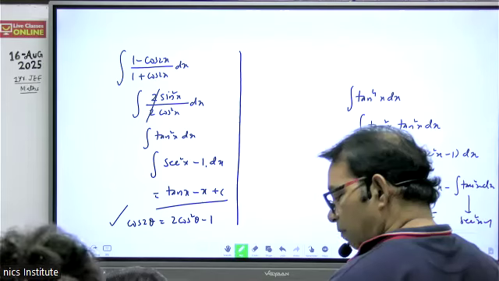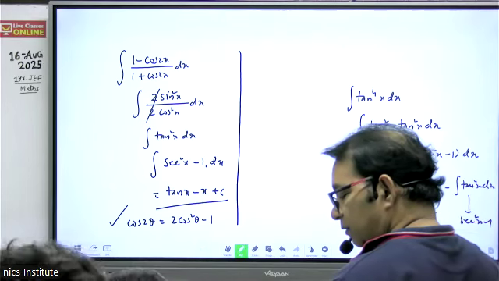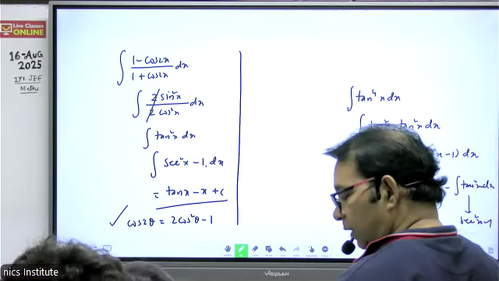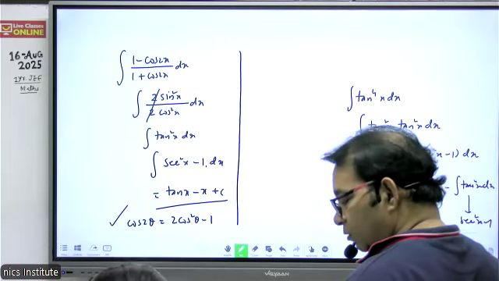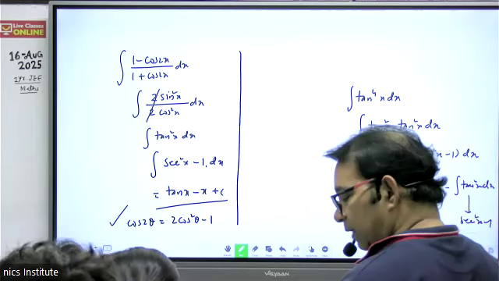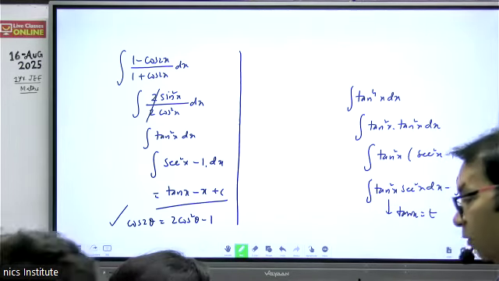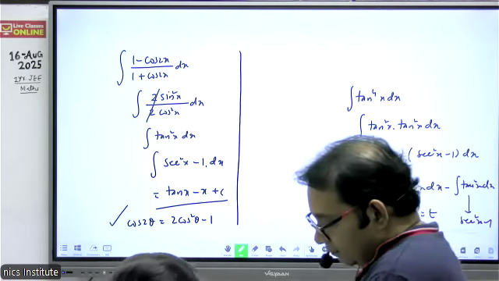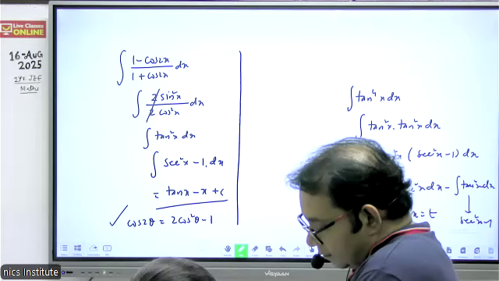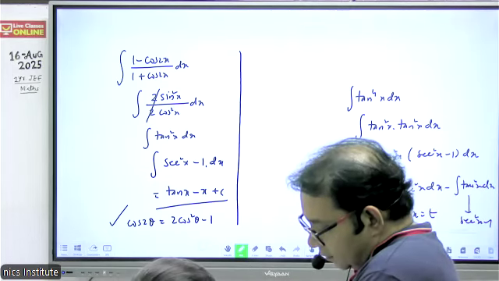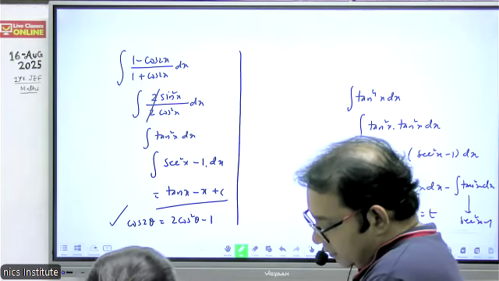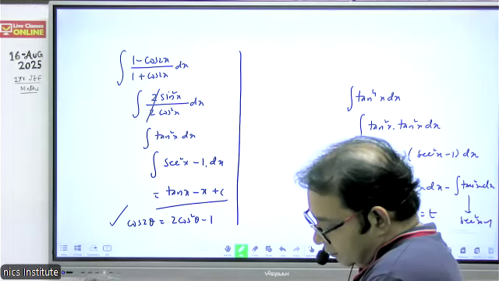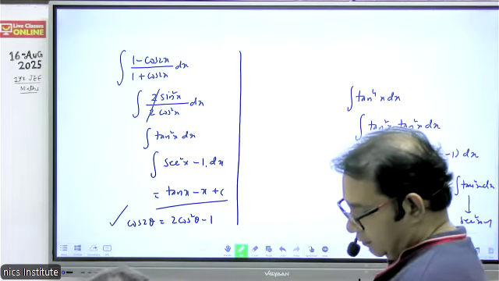Cos 2x is 1 minus 2 sin square x. It's not cos square x. Cos 2x is 1 minus 2 sin square x, which will cancel out. So there is no formula like that. It is 2 cos square x minus 1, or it is 1 minus 2 sin square x.